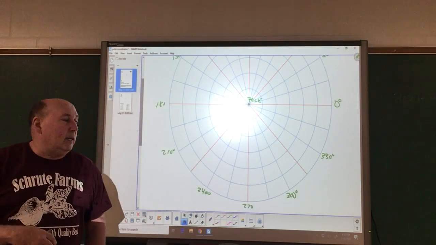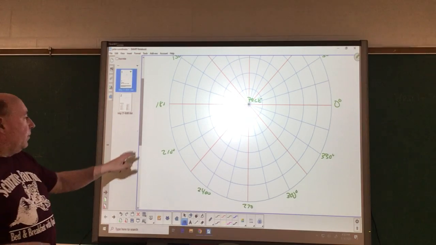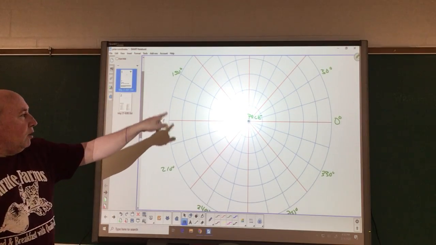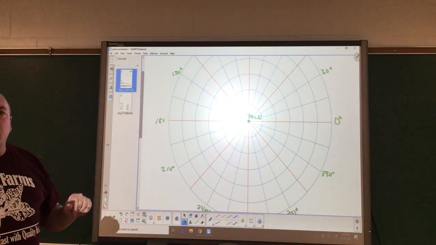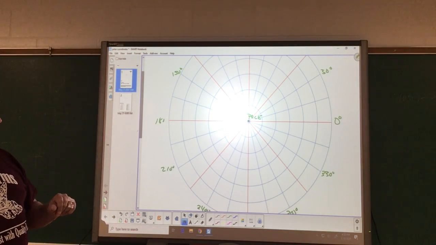So these are your angles of rotation. You also have circles here that are units away from the pole. How far are you away from the pole?